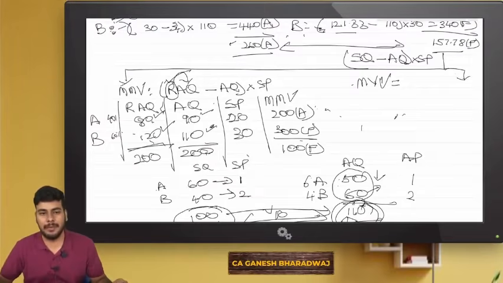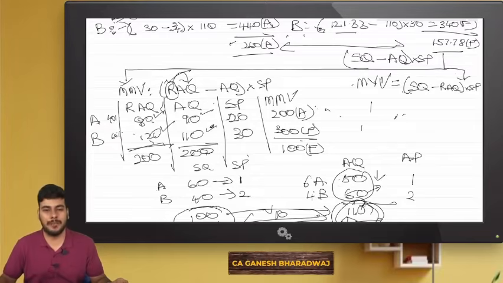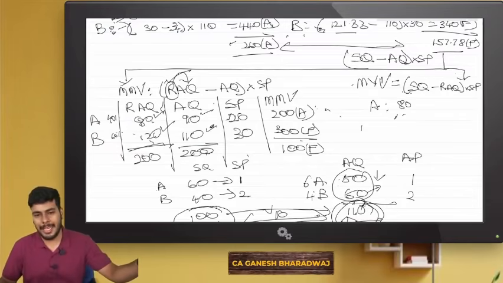So material yield variance. What's the formula, guys? Standard quantity minus revised actual quantity into standard price. Here I have all the figures. Standard quantity is how much? 80.89. 80.89 minus RAQ, we just found out, is 80.